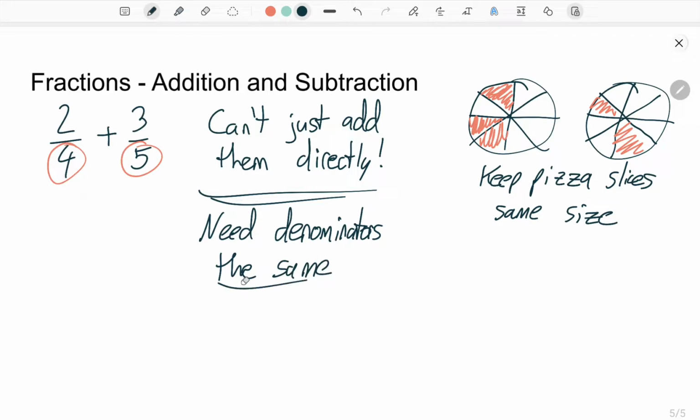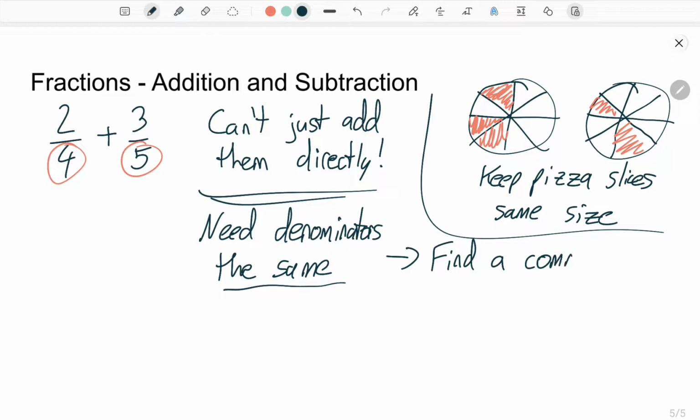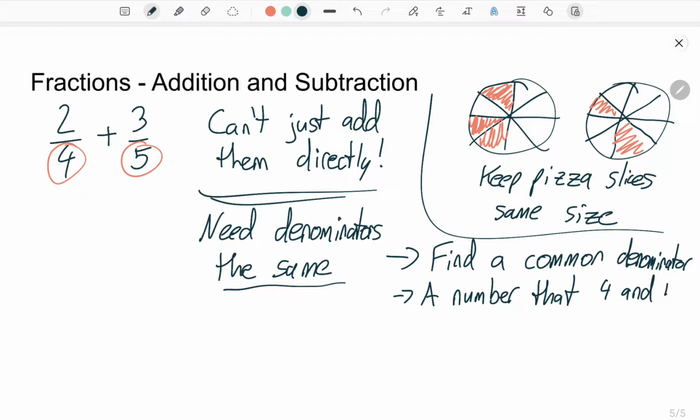Okay, so that might make sense, but how do we actually do that? How do we get the same denominator? So we need to find what we call a common denominator. For that, we're looking for a number that 4 and 5 both divide into.